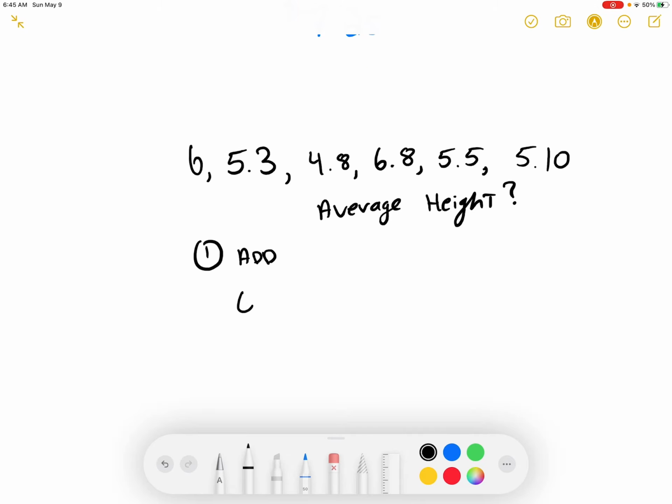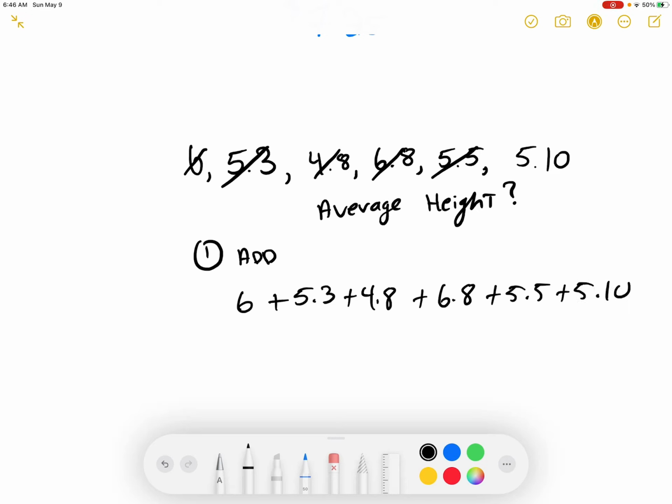Add. So let's organize these numbers a little bit. Let's go 6 plus 5.3. That's going to be, let's do this one at a time, plus 4.8, plus 6.8, plus 5.5, plus 5.10.